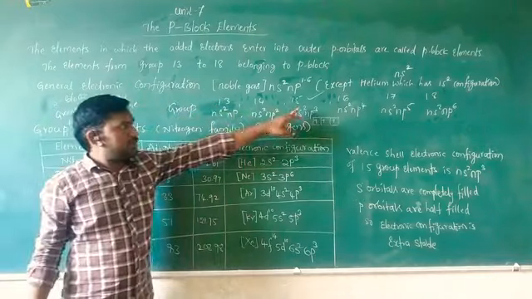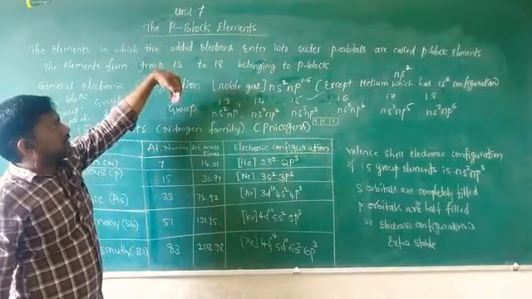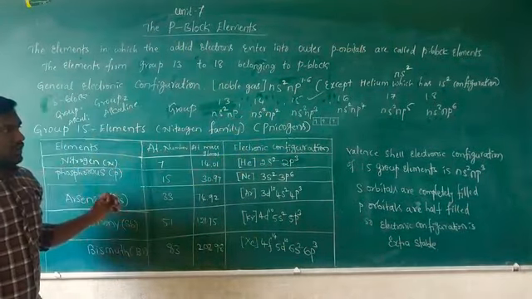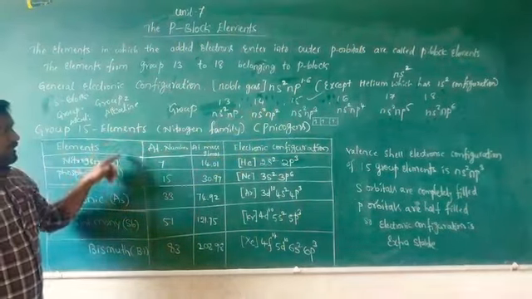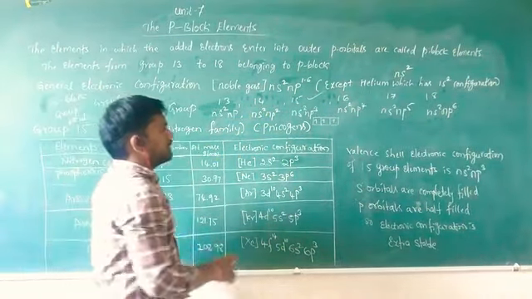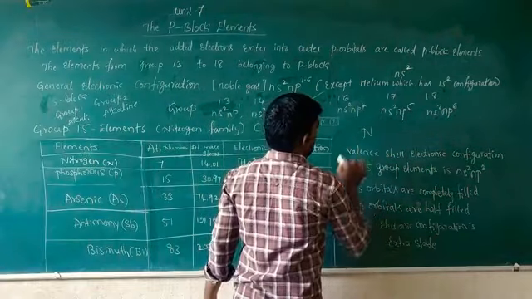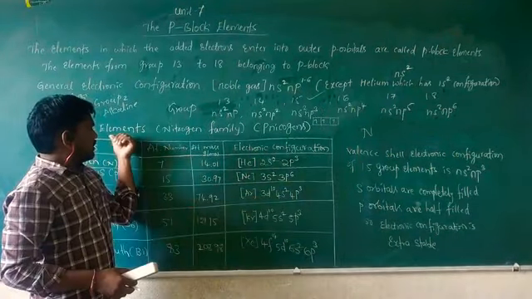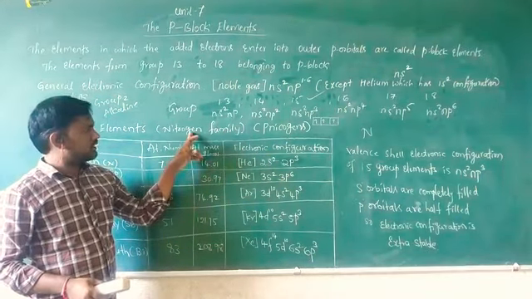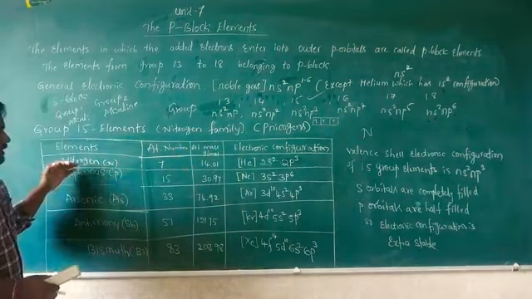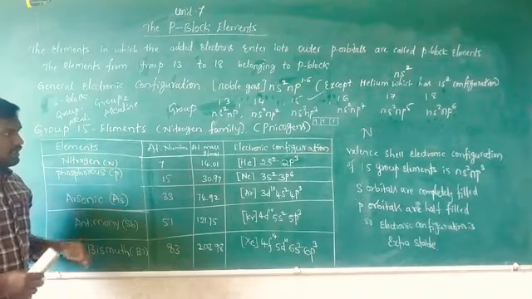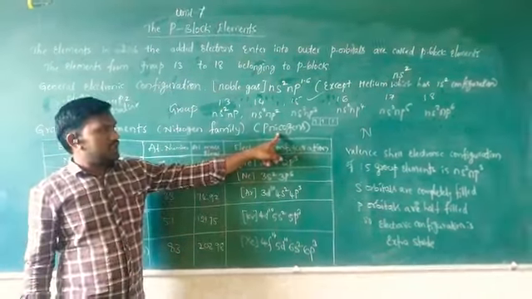The chapter name is p block elements. Group 15 elements are commonly called the nitrogen family, because the first family member is nitrogen, and commonly called pnictogens.